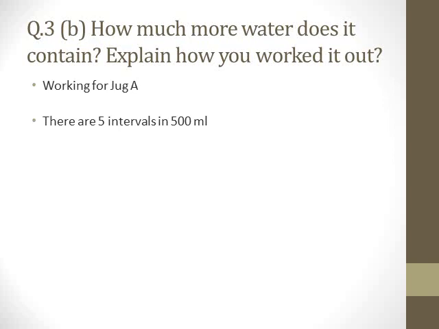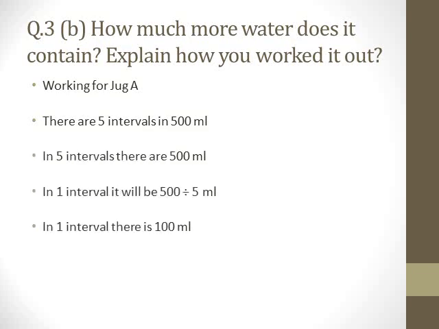Now the second part was asking how much more water it contains, and to explain how you worked it out. We know that jug A contains more water, but we have to show how. For jug A, I divide 500 by 5 and get the one-interval value, which is 100, and then I multiply 100 by 4, which is 400 ml.